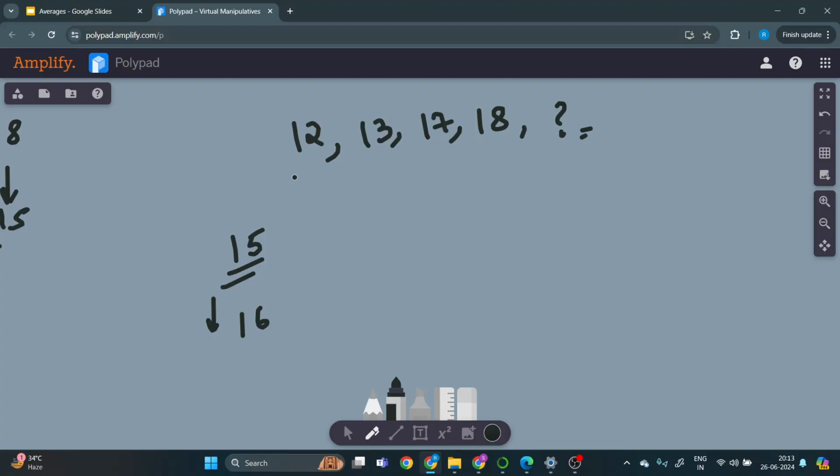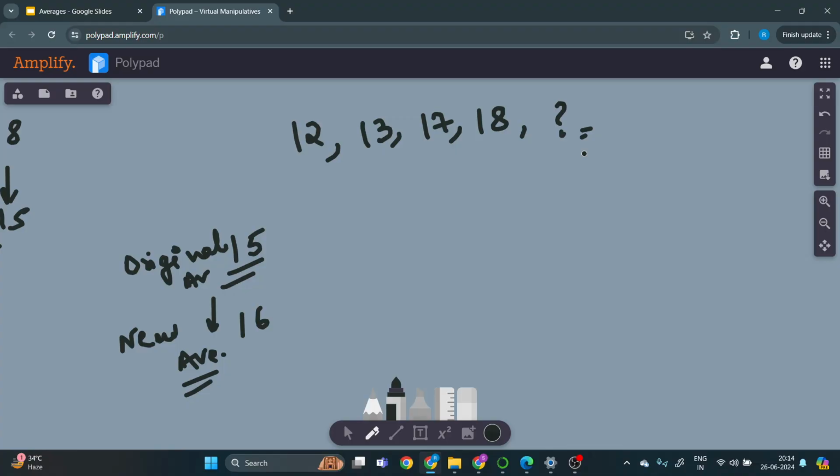Now the average of these four numbers was, so I will write here, original average. It is 15. Now I am saying the new average is 16, of these five numbers.